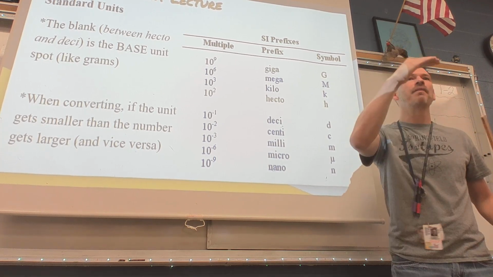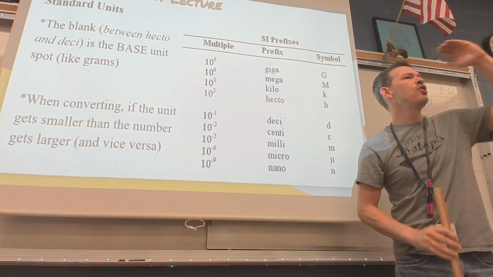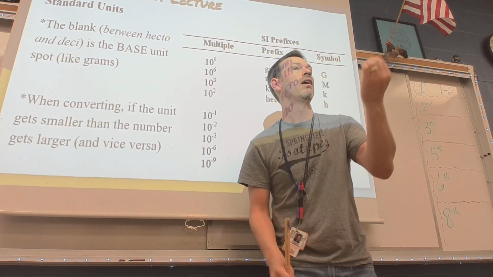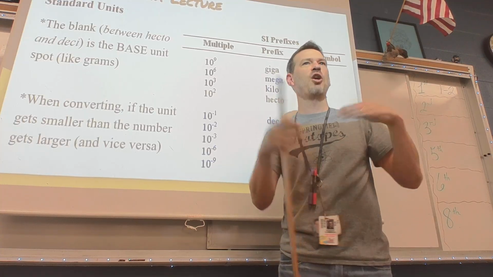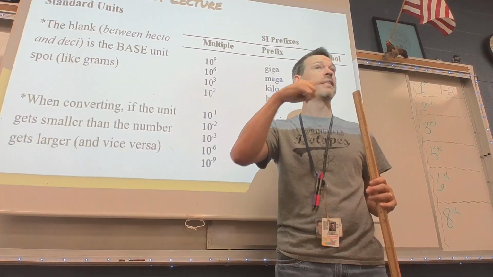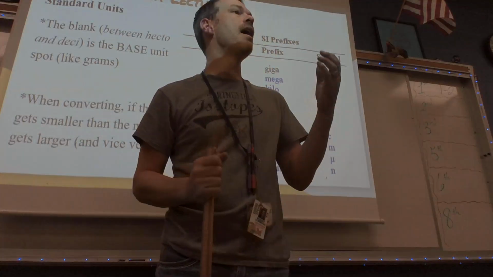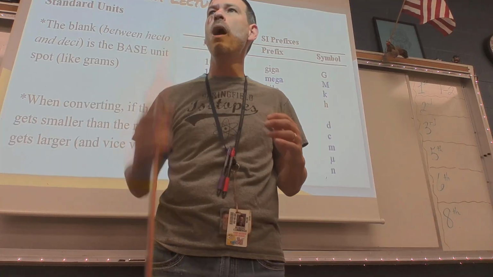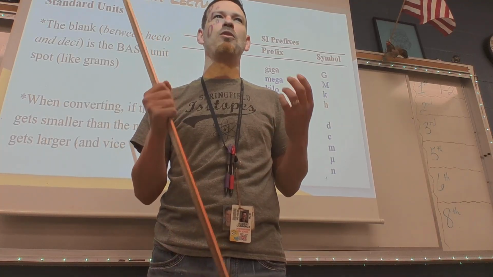Smaller, because you're moving down the ladder, right? If the units get smaller, your resulting number should get bigger, right? It's always the opposite, inverse. So we're going to slide the decimal in that 0.066 to get a bigger number. Make sure you slide it the right direction. But how many times do you slide it?